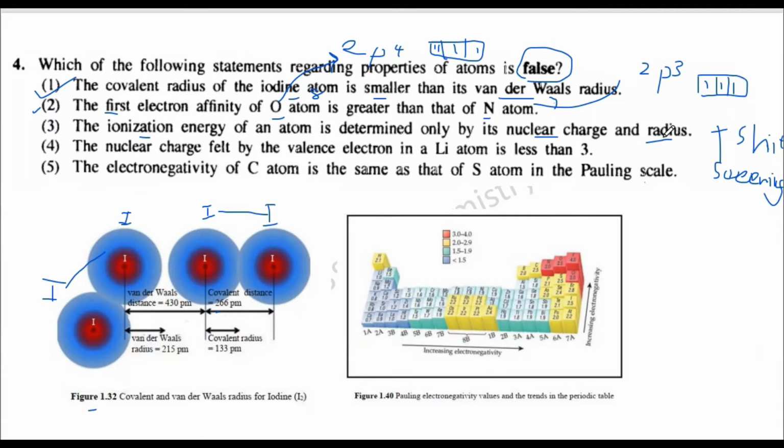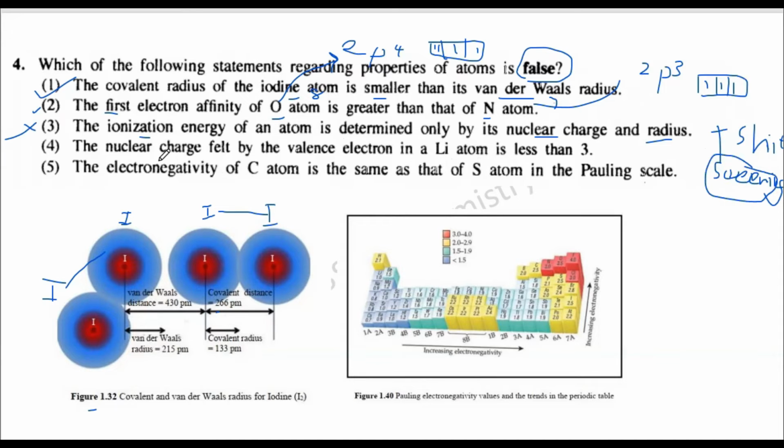Second thing is nuclear charge, because it determines how much attraction there is towards this electron. And the third one is the surrounding electrons, which will prevent this effective nuclear charge and shield the outer electrons. So those three factors should necessarily be considered. So this statement is wrong because we have to consider screening as well.